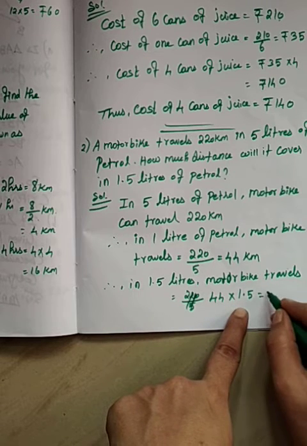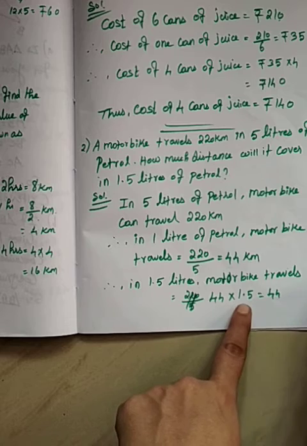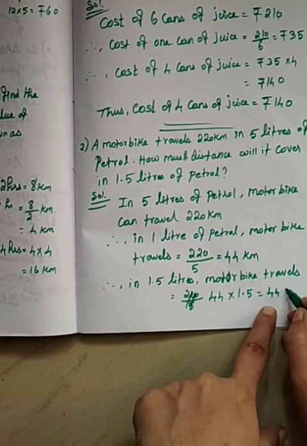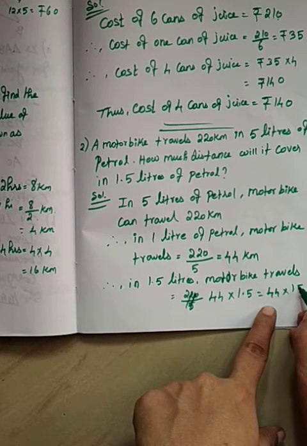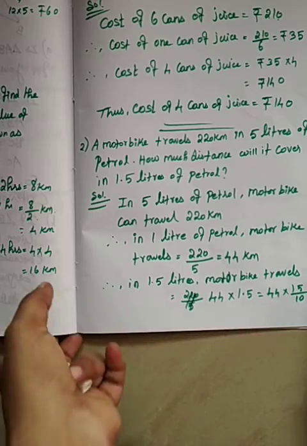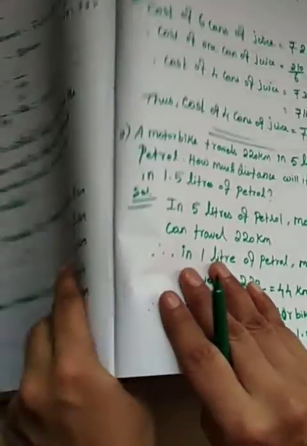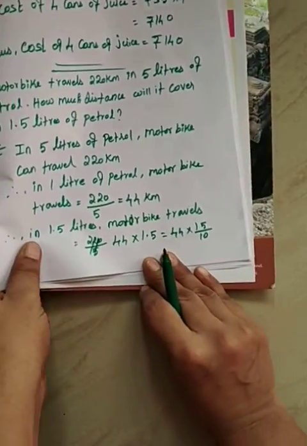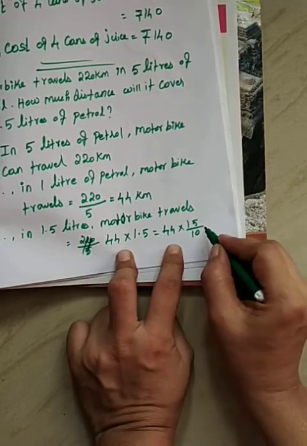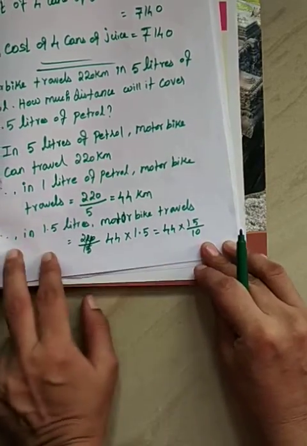Now in that one you can take 1.5 means you have to consider 15 divided by 10. That means multiply 10 divided by 10. So you will get 15 divided by 10. Now calculating in that one, what will you get?